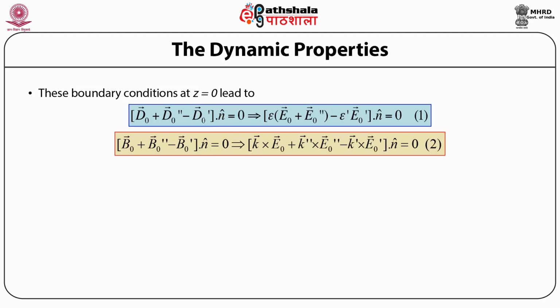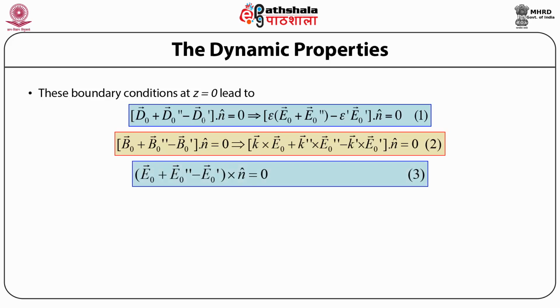Then to write down mathematically that the tangential component of the electric field is continuous, we write down the amplitude of the incident electric field corresponding to the incident wave plus the amplitude of the electric field vector corresponding to the reflected wave minus the amplitude of the electric field vector corresponding to the refracted wave, whole cross product with the unit vector n is equal to 0.